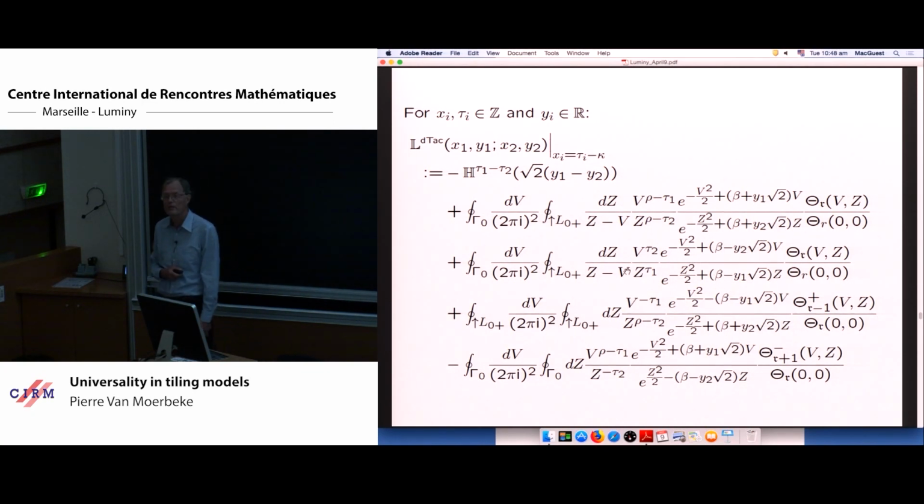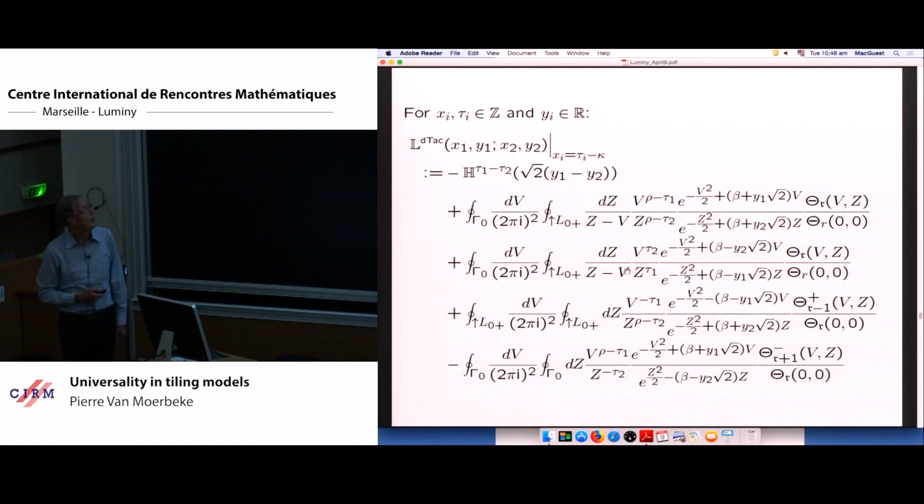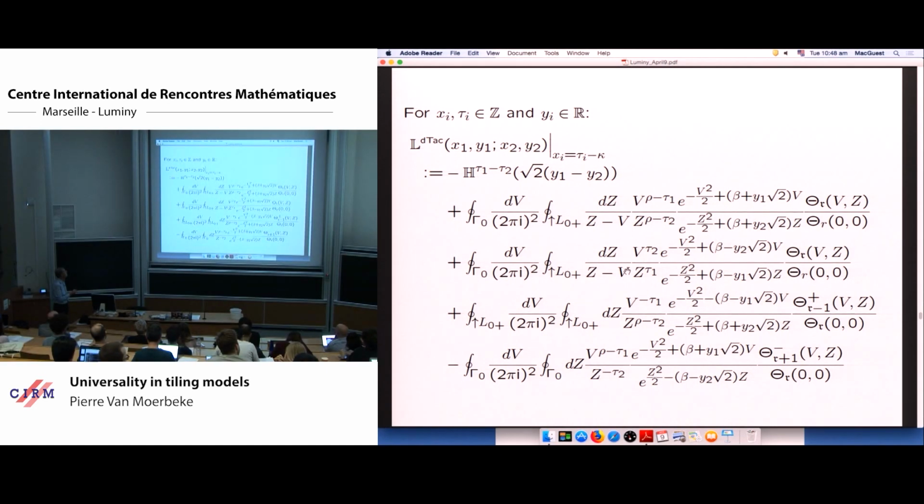Some of you have seen it in a different context. This is a Heaviside function. It's a sum of four double integrals. This is the integral over a circle about 0. This is an upward integral of a line which lies to the right of that circle.